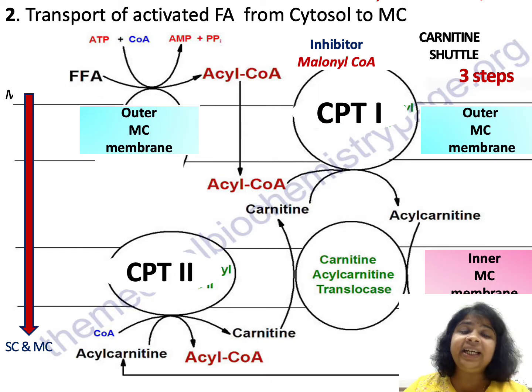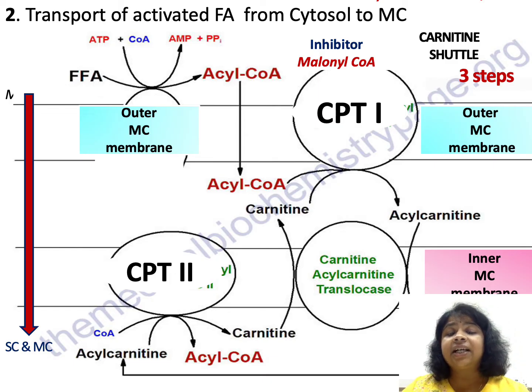This carnitine leaves through the translocase. So for every acyl carnitine entering into the mitochondria, one carnitine will exit out of the mitochondria, which in turn can bind to another fatty acid to transport it into the mitochondria. So this is the transport of fatty acids from cytosol to the mitochondria.